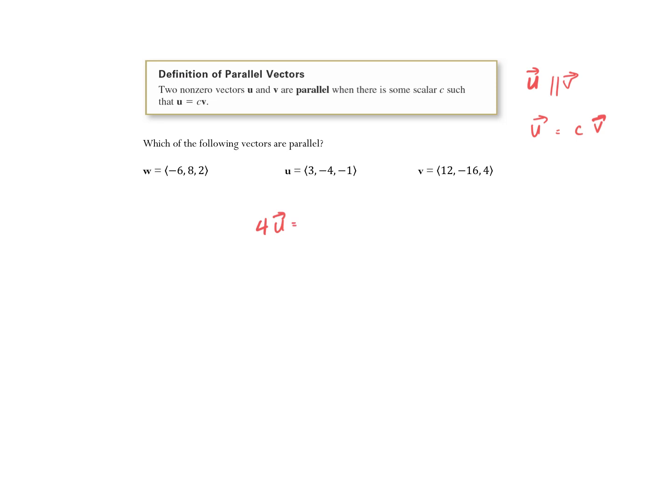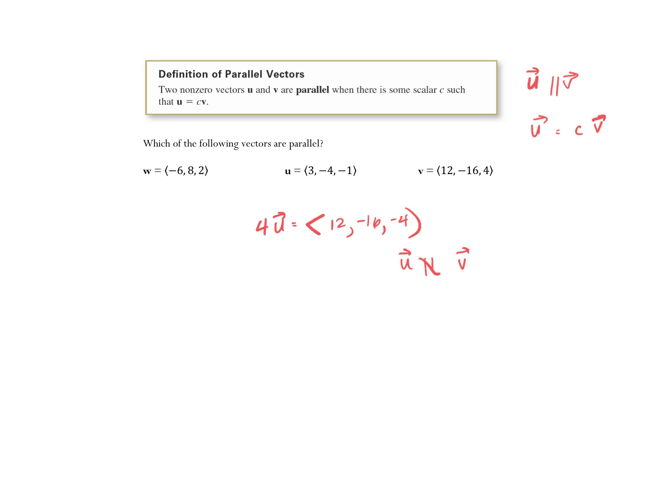So if I do 4 times vector u, to decide is it parallel to v, I would get 12, -16, and -4. So does that match? That means u is not parallel to v. You guys see anything else that might be parallel?